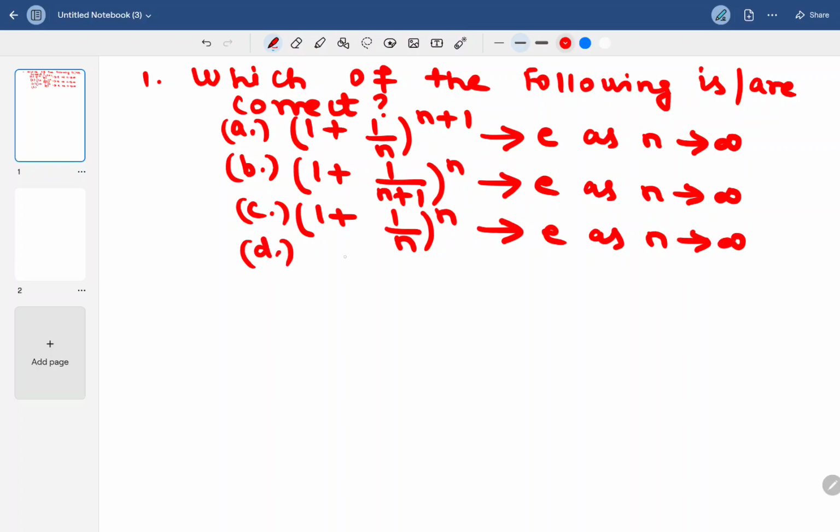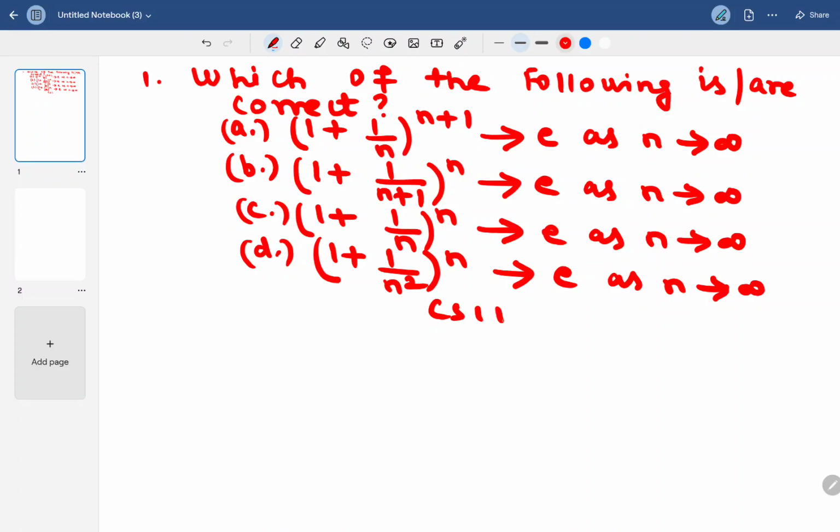Option D: (1 plus 1 by n square) power n tends to e as n tends to infinity. It was asked in June 2012 CSIR NET Mathematical Science question paper.